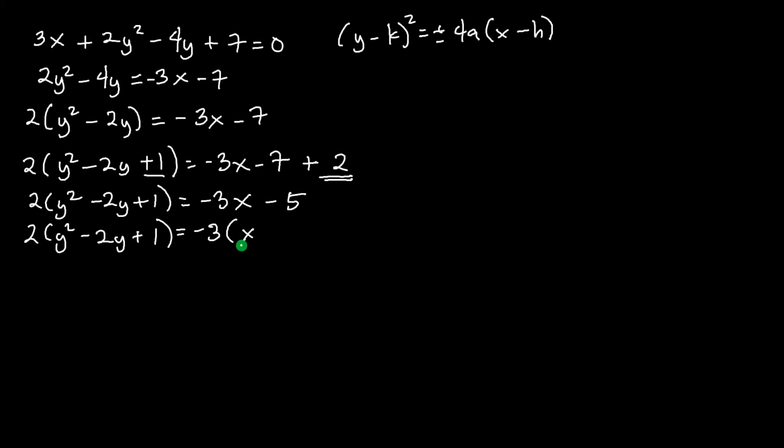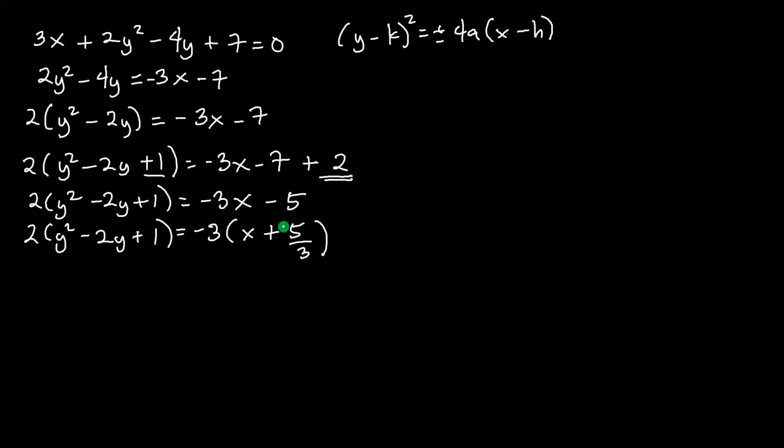If we do that, the answer will be positive 5/3. Again, just to check, multiply -3 to x, -3x, -3 to positive 5/3, we will have -5. So that's correct. Now divide both sides by 2.